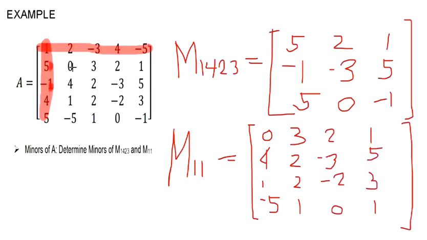So, yan yung natira nung dinelete natin yung row 1 and column 1. So, that is minors. So, ganyan natin kukunin yung ating minors.